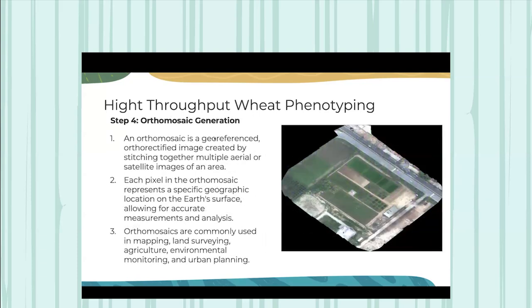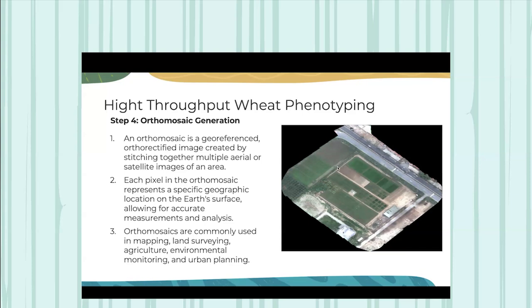With the help of the georeference data we have collected through the GCPs plus our images, we develop an orthomosaic. We develop an orthomosaic just like this, which is stitching together multiple aerial images of the area. Because over here, we are not using satellite imagery in this particular case study.